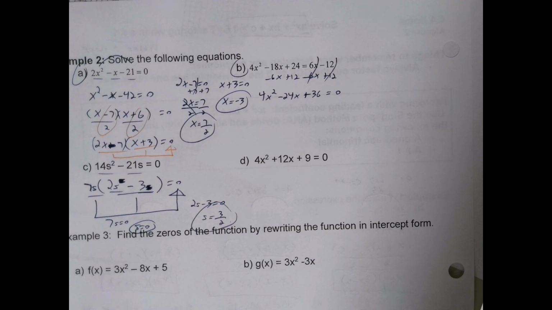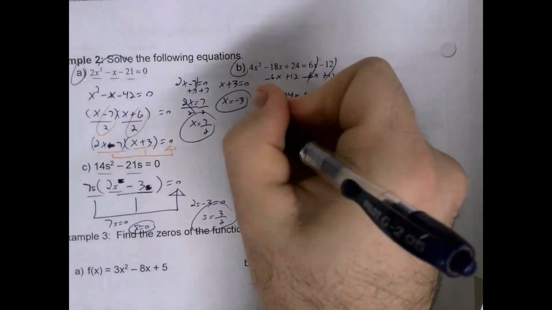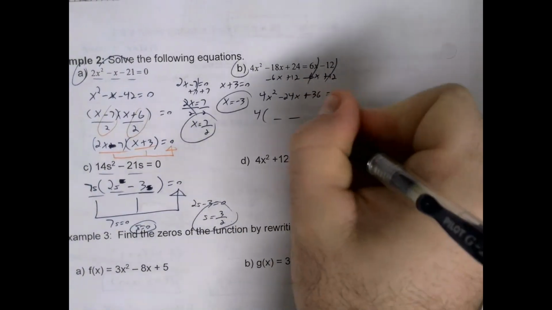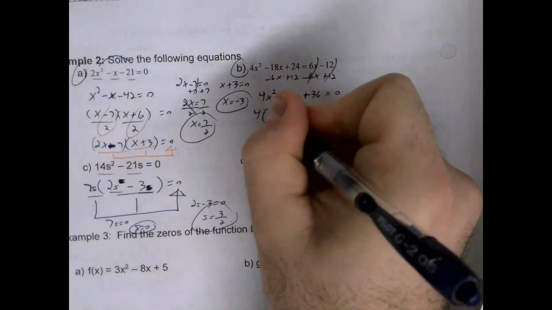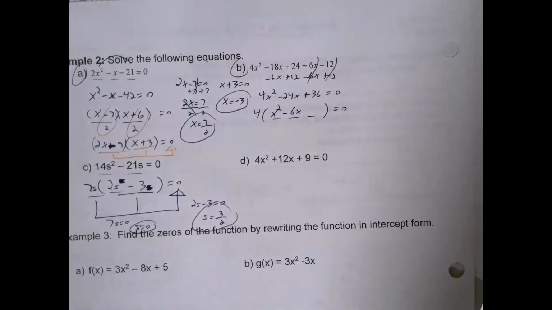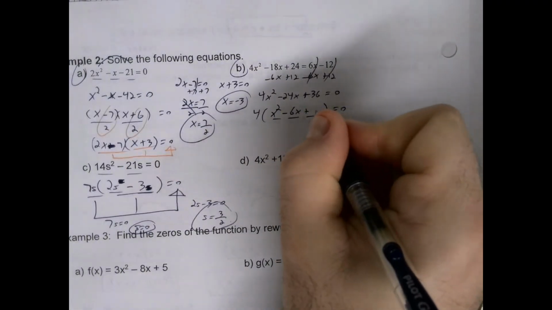Okay? Is there a GCF on the left out of those 3 numbers, guys? 4. So put a 4 out front. Very good. Tell me what's inside, guys. So x squared minus 6x plus what? Plus 9. Bingo.